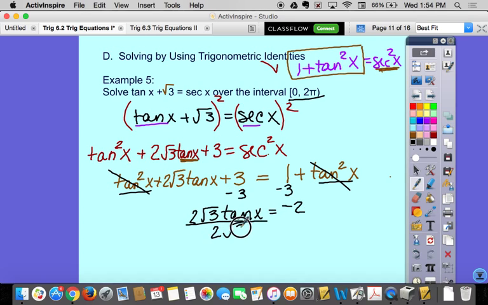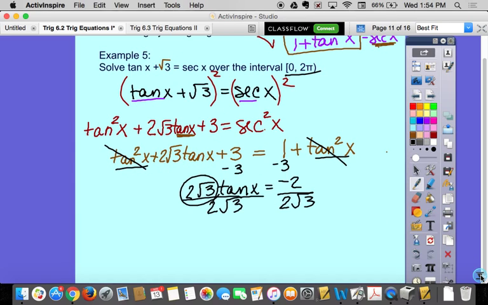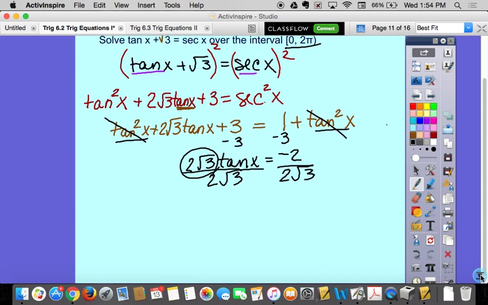Divide by 2 square root of 3, because this is just the value in front of tangent, right? You can do that. You can't touch anything in front of the x, in front of your angle, but you can do it in front of the trig function. Now, so these go. I have tangent of x equals, now think about it, over here, the 2's cancel. So I have a negative 1 over square root of 3.